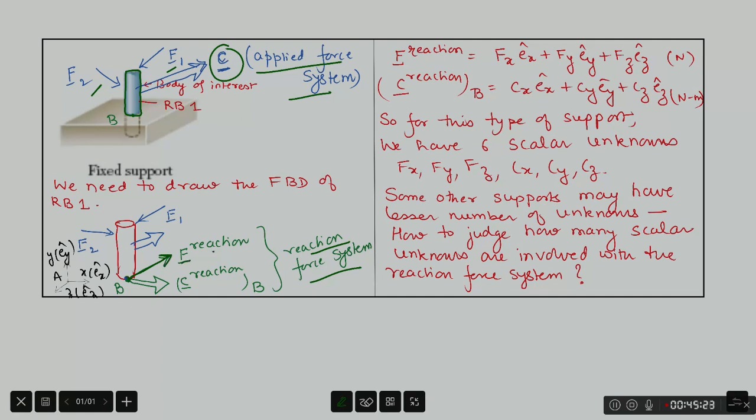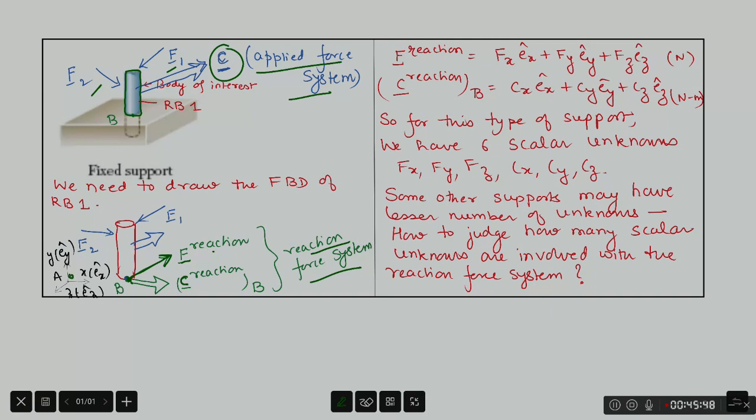Now, if I am using a Cartesian coordinate system, x, ex, y, ey, z, ez, then F reaction can be written as this. So it has three scalar components, Fx, Fy, Fz.